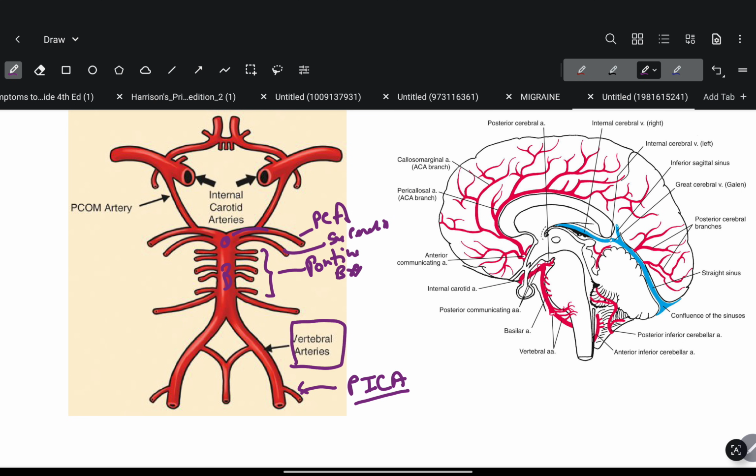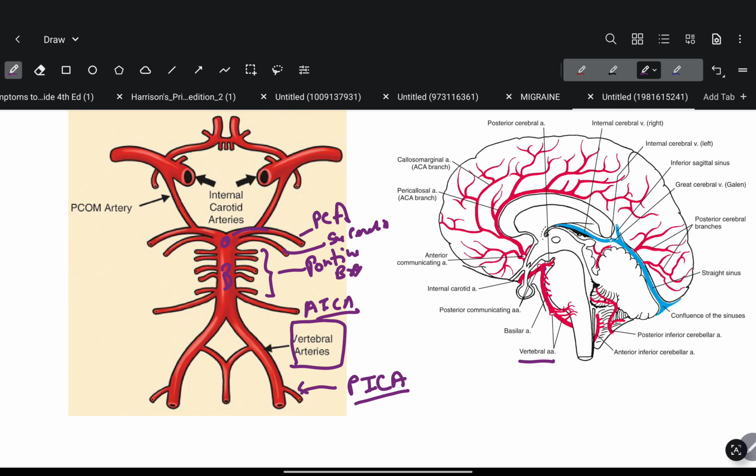If we look at this image, we can understand that the two vertebral arteries merge, moving in front of the brainstem, and this is the basilar artery going ahead and forming the posterior cerebral and superior cerebellar artery, and on the way also giving, here I will note, the anterior inferior cerebellar artery.